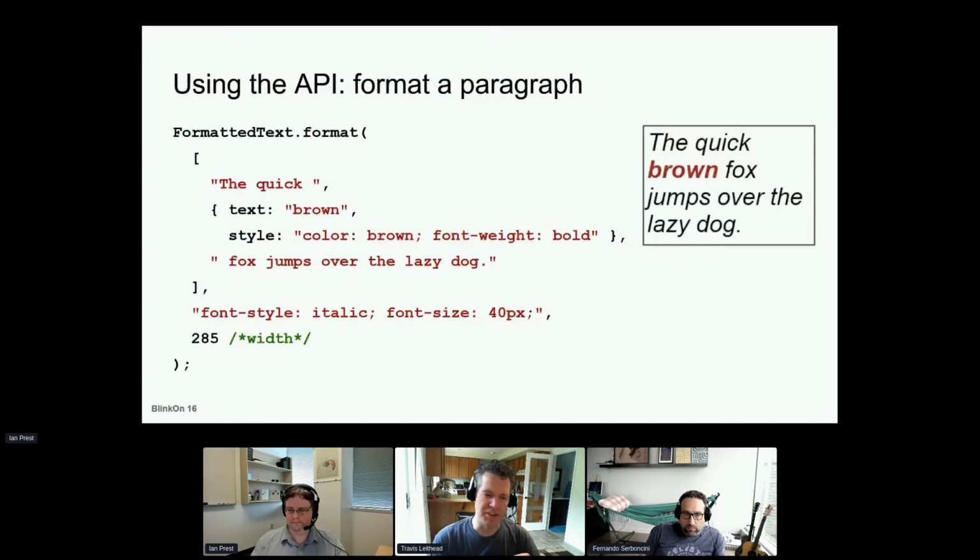The second parameter is kind of an overall styling. So this is where you would set, say, the overall font size and that you want the entire thing to be italic. And then the final parameter is the constraint on the inline size. So I'd like to constrain this thing to 285 pixels in the inline direction. And so then you see kind of a preview of what the result would be on the right, where it wraps.